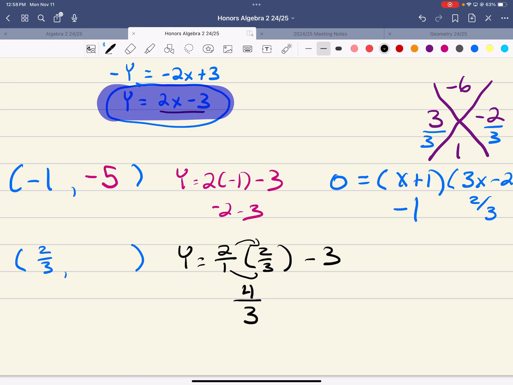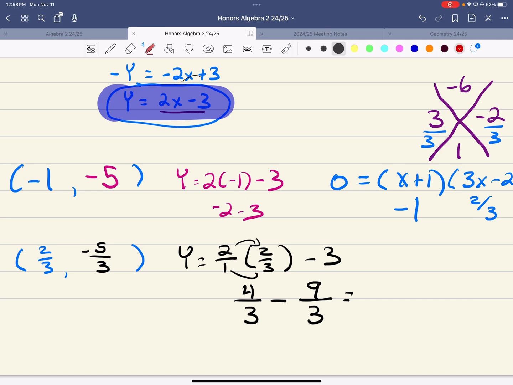So that gives me 4/3 minus, we have to have a common denominator. Common denominator is going to be 3. So minus 9/3. 9/3 is the same thing as 3. 4 minus 9 is negative 5. Denominator stays the same.